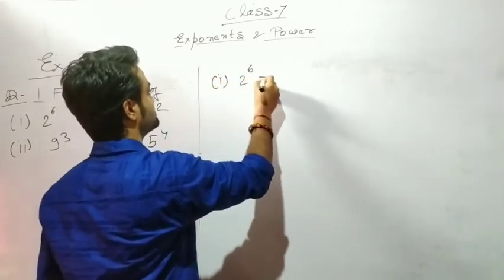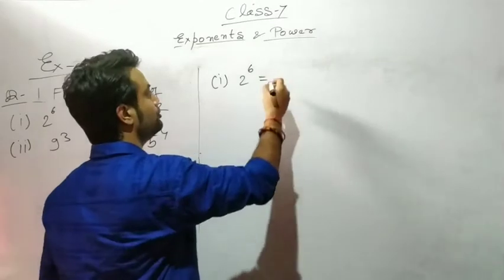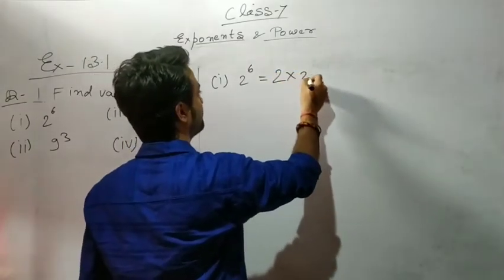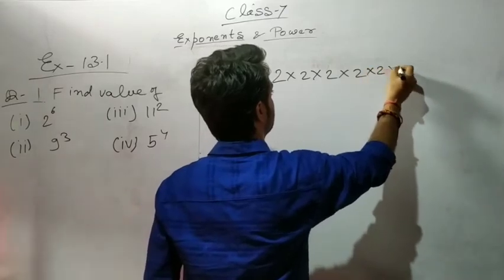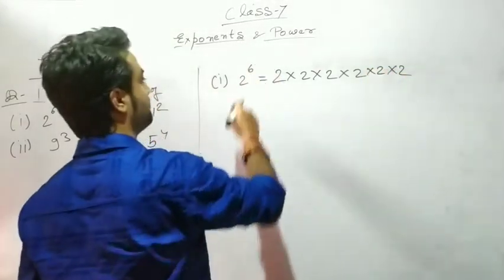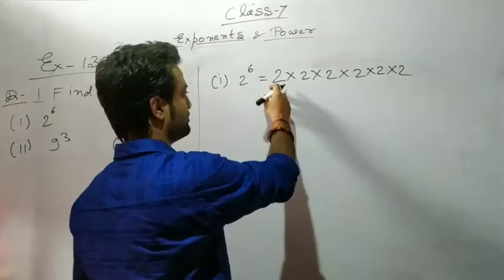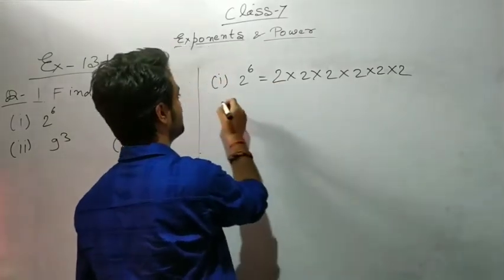2 raised to the power 6 can be written as 2 multiplied 6 times. Since this is the power of 2, 2 raised to the power 6 means 2 multiplied 6 times.